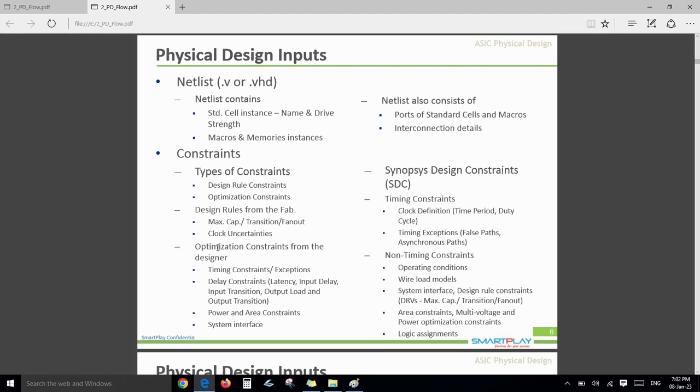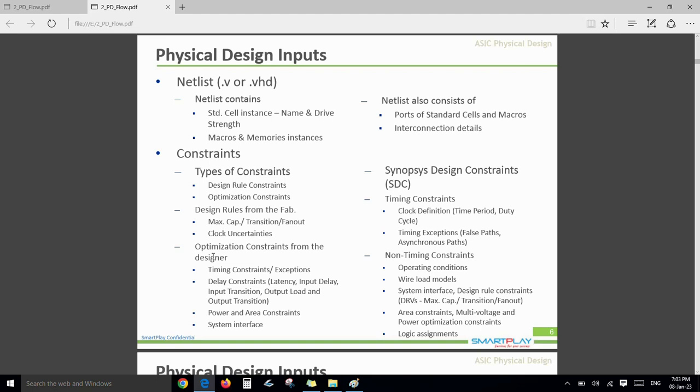Coming to the constraints from the designer, there are two types: design constraints and optimization constraints. Timing constraints include exception paths like false paths and multi-cycle paths that we need to specify, because the tool cannot know.